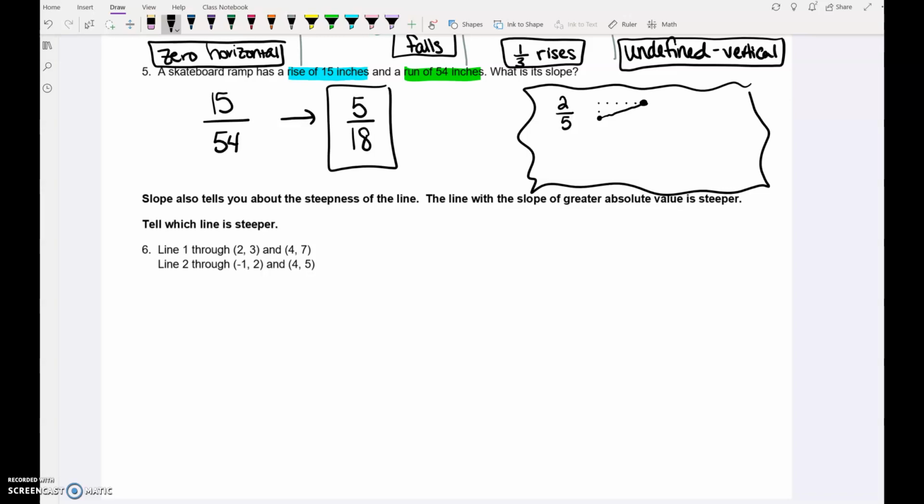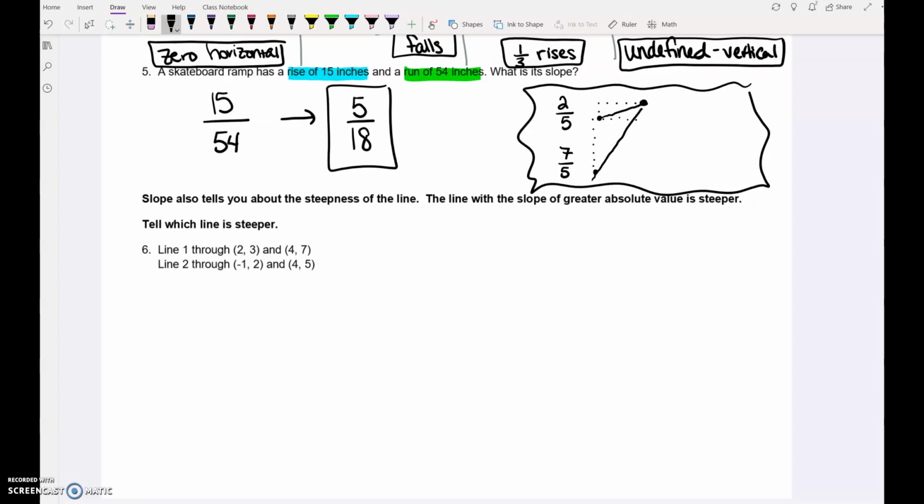Compare that to a slope of, I don't know, let's do 7/5. We would rise 7, 1, 2, 3, 4, 5, 6, 7, run 1, 2, 3, 4, 5.